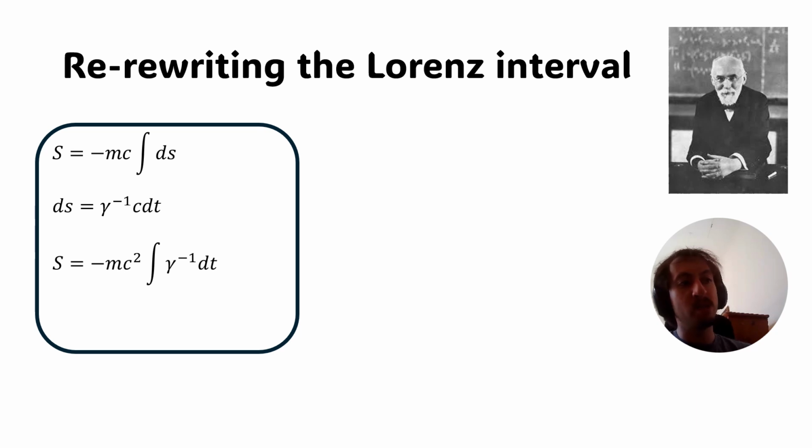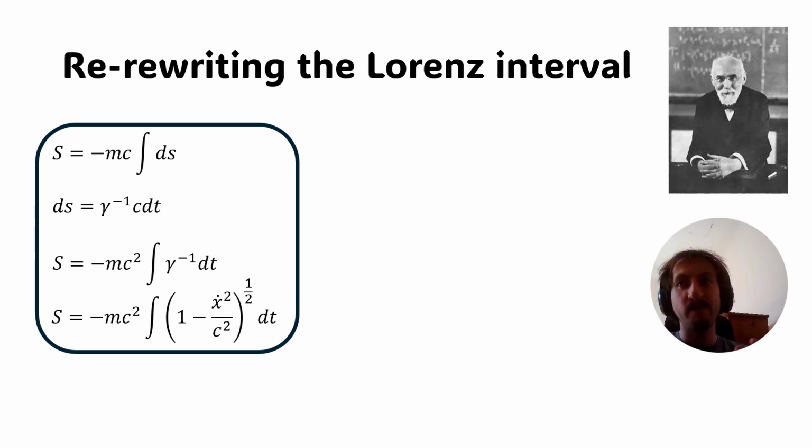But substituting our expression for the infinitesimal space-time interval into our equation for the action, we end up with this bottom equation, and now we can get a Lagrangian. So the Lagrangian is going to allow us to talk about our description of the object that is moving relative to us.